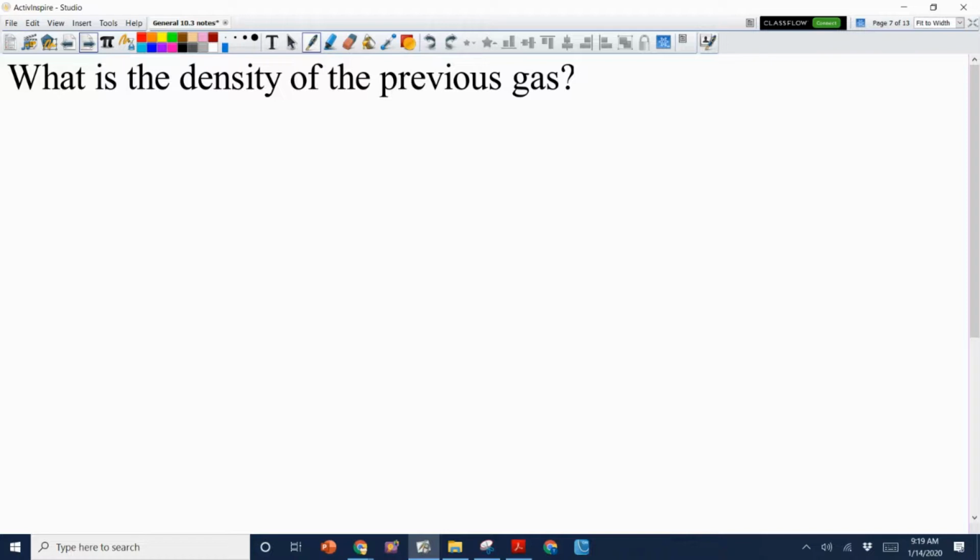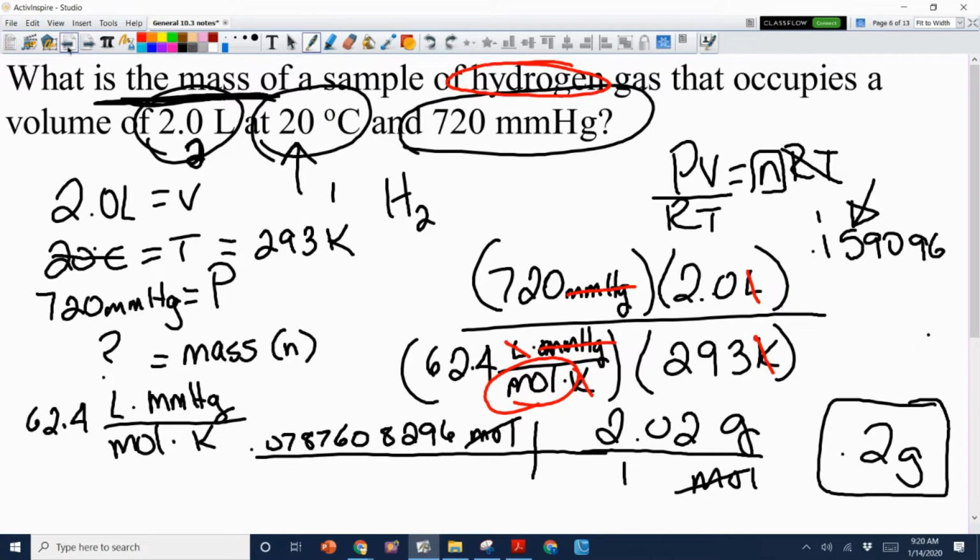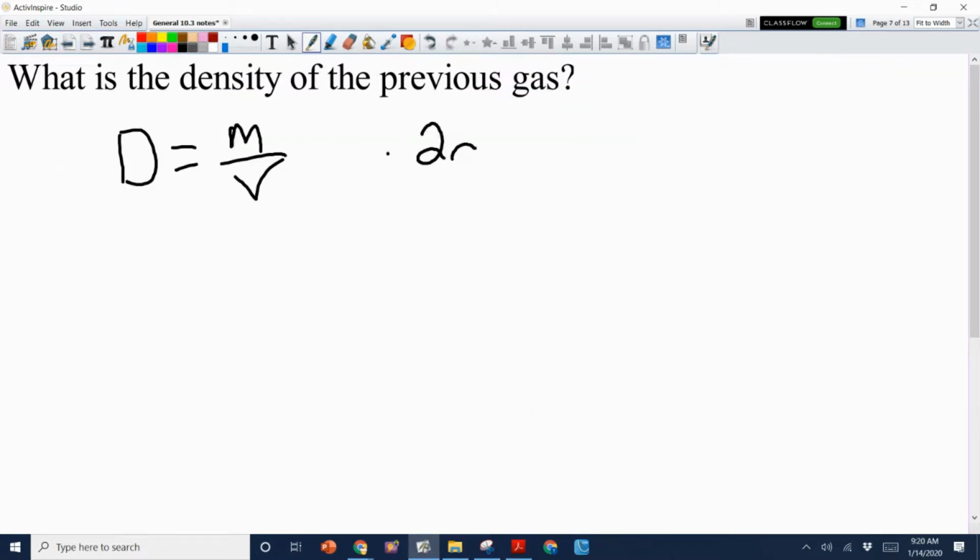All right, and so sometimes they ask you the density of the previous gas. Remember, density is equal to mass over volume. So our mass of our gas, we get from this answer, it's 0.2 grams divided by the volume. Our volume is 2.0 liters.